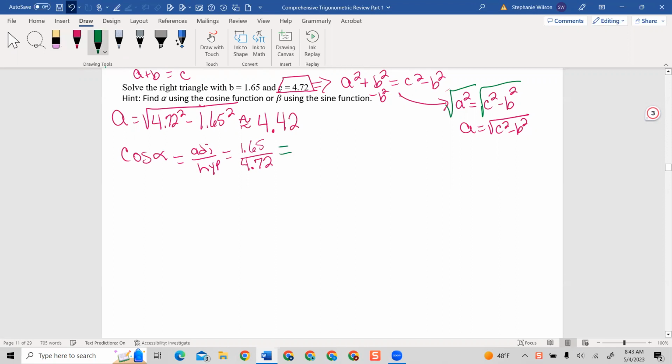So what I want to do is solve for alpha by taking the inverse of cosine. All right, let's round to the nearest hundredths. So cosine inverse. Oops. Make sure we use our parentheses.